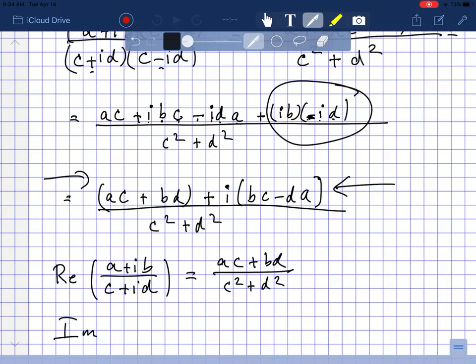And the imaginary part of A plus IB divided by C plus ID is equal to BC minus DA, all divided by C squared plus D squared.